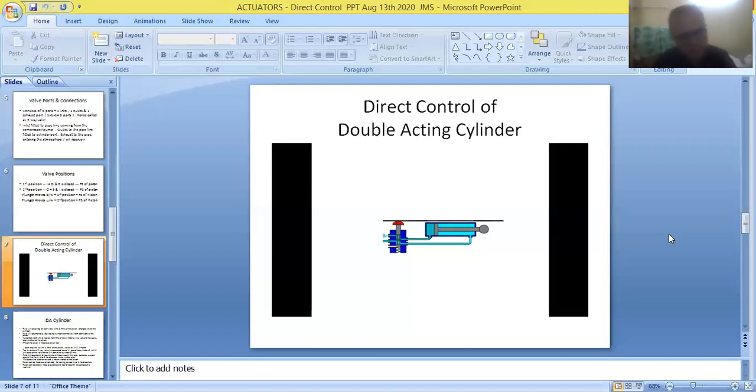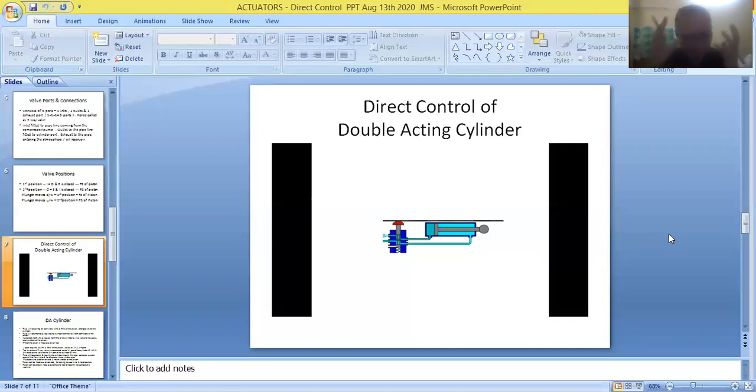And when the plunger moves in upward direction, valve will be coming to second position. That is used for performing return stroke of the piston. So friends, this is the way of sending and receiving fluid from the double acting cylinder.